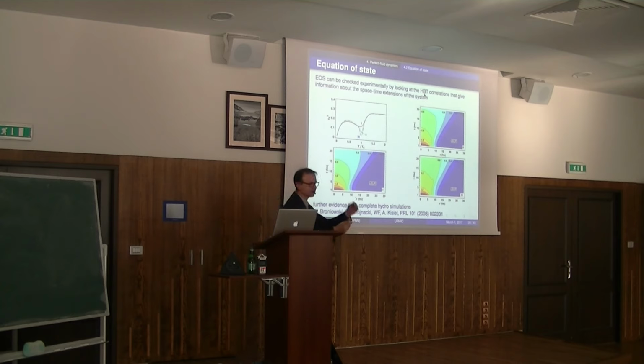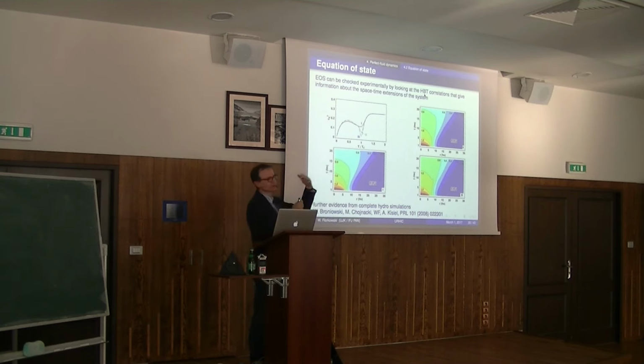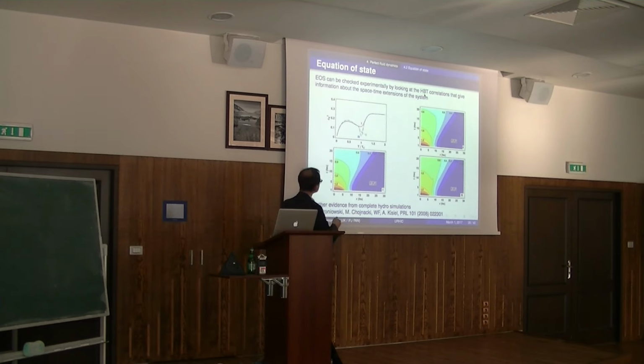In a first order phase transition the sound velocity drops to 0, because the sound velocity squared is the derivative of the pressure with respect to the energy density. If you have a first order phase transition, the pressure doesn't change while the energy density changes, we have a discontinuity, and the sound velocity drops to 0.